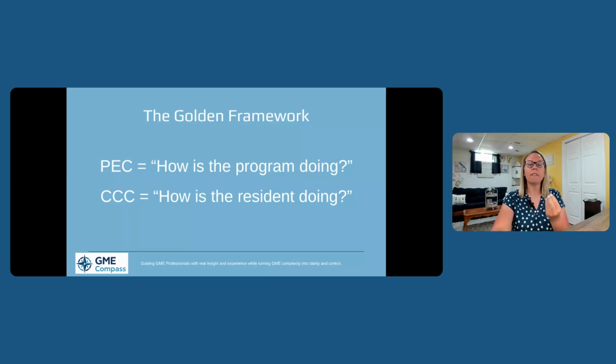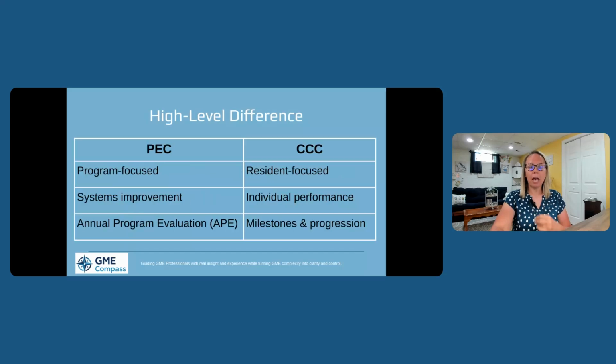That means that your Program Evaluation Committee is going to evaluate your curriculum, trends, outcomes, recruitment, your survey data, and your program improvement opportunities. CCC is going to evaluate your milestones, professionalism, your resident progression, readiness for advancement, and graduation readiness. This distinction is absolutely everything.